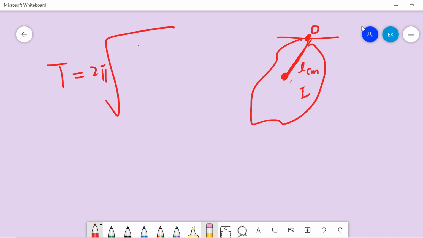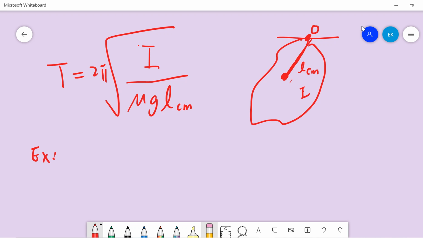So the formula is T equals 2 pi times the square root of I over mg L_CM. Okay, so this is the formula.